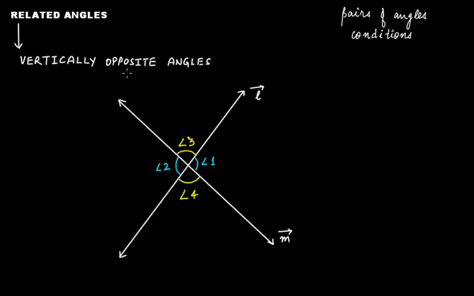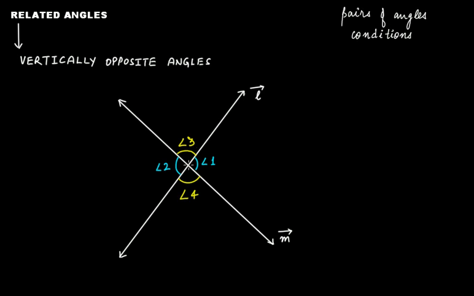The last kind of related angles is vertically opposite angles. In this case, what's important is that there should be two lines, line L and line M. They should intersect each other at one common point.